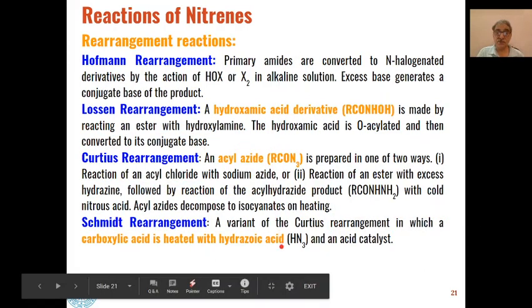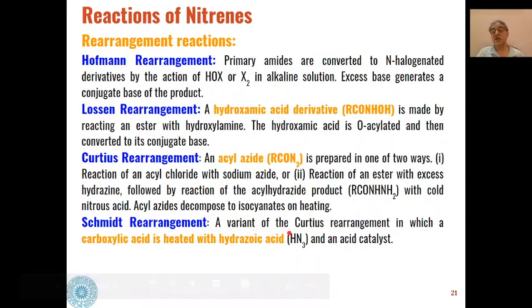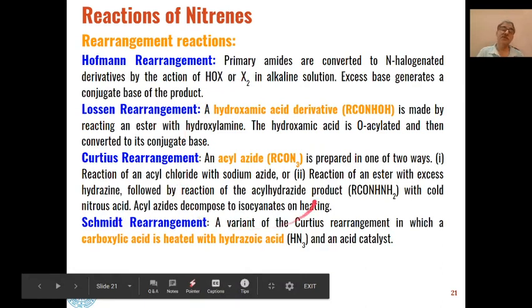And in all these four rearrangements, as I have told you, the intermediate in all of them is a nitrene, and that nitrene in all the cases is converted into an alkyl isocyanate, and that isocyanate on hydrolysis gives us amines as the product. The details of these rearrangements, their mechanisms and applications, we will discuss later one by one.